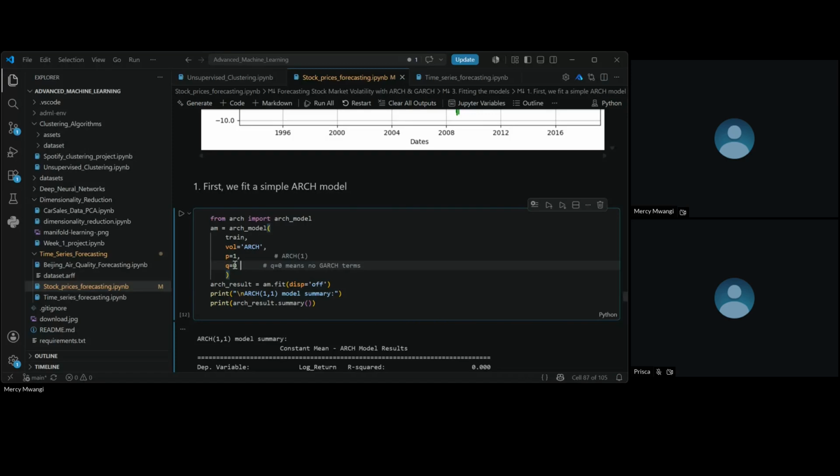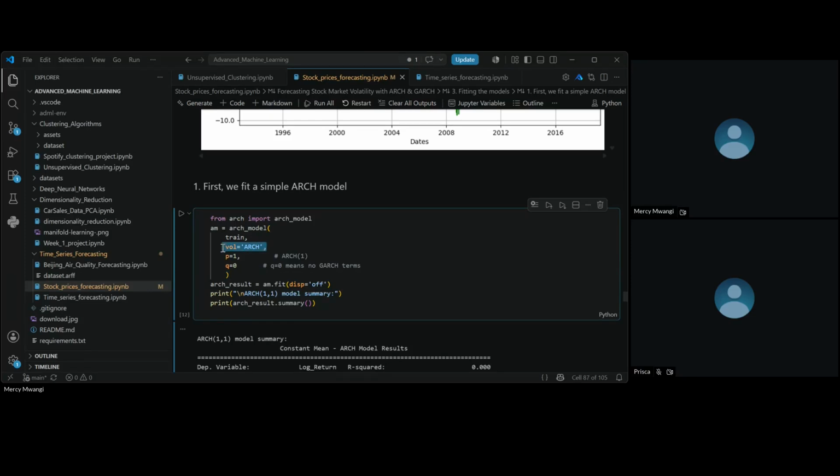Now, ARCH is the baseline model, and then there's GARCH, there's eGARCH, there are so many variations of it, but this is how the object you create works. The ARCH object, meaning the model, will have these variables. You feed it the train data, you say what model you are feeding it, which is the ARCH model.